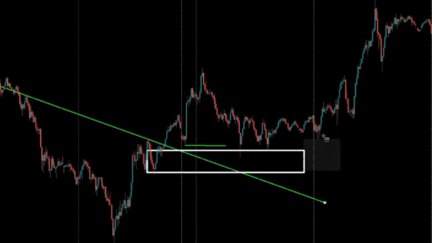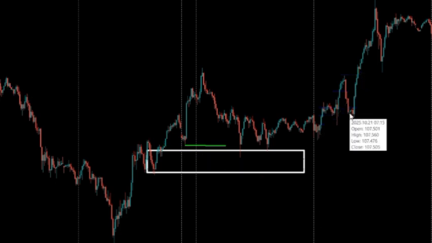When you draw your fib, make sure it's at the 50% zone, since we are buying. So you enter at this point. That is your entry point.